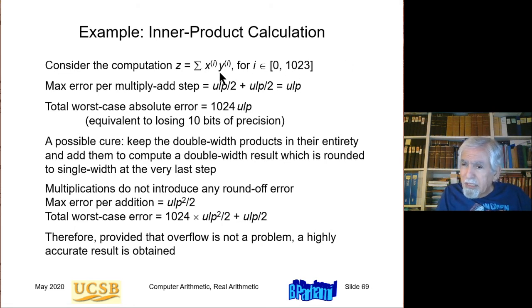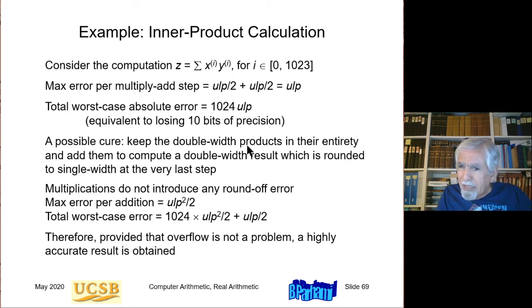Now, when I need high precision inner product calculation, a better way is to do the product, the multiply, and keep the running total in double the precision. In other words, do not drop any bits of the product. Keep it in full precision and add it to the running total in full precision. Okay, so you do all 1024 steps without introducing any errors.